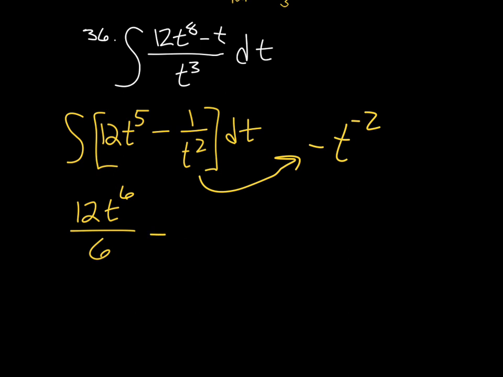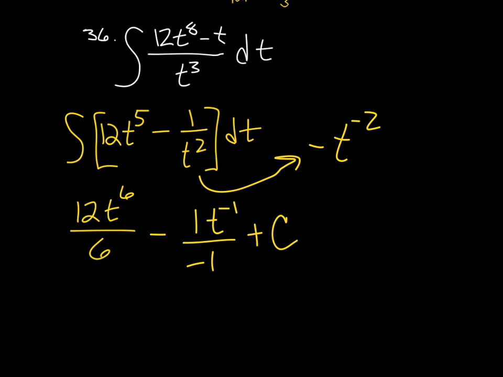And so then we're going to leave the 1 alone, right? There's a coefficient of 1 there. We're going to go up 1, add 1 to our exponent, and then divide by that same thing. Don't forget to add your constant.